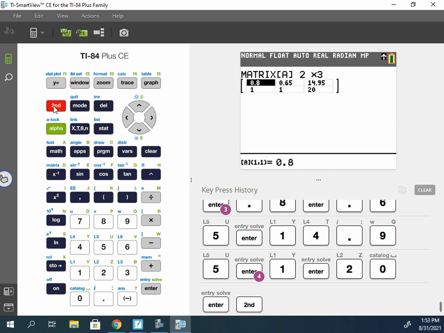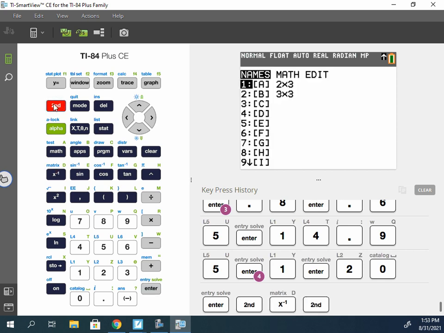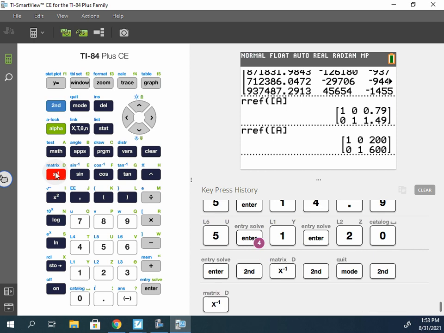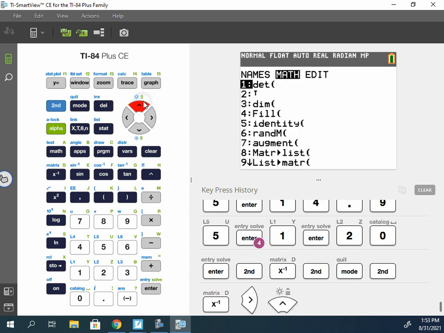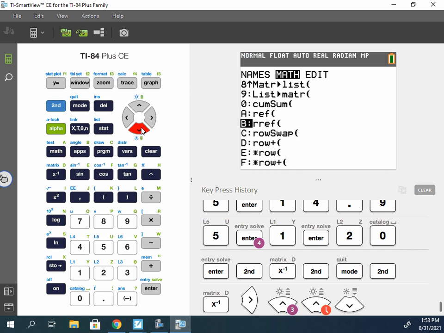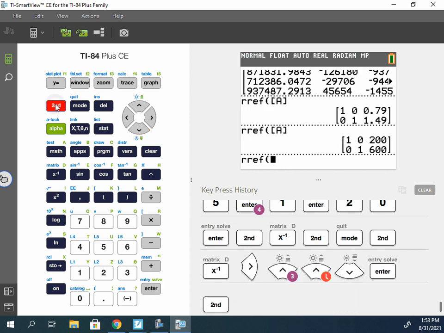Then we go second quit, second matrix over. I mean, I could have picked it again. RREF, second matrix A.